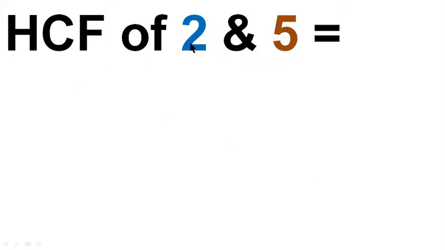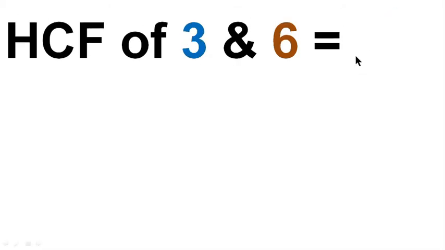If we find the highest common factor of 2 and 5, between 2 and 5, 2 is the smaller number, but 5 is not divisible by 2, so we will reduce 2. That means which one is smaller than 2? That means 1. 5 is also divisible by 1, so here the highest common factor is 1.